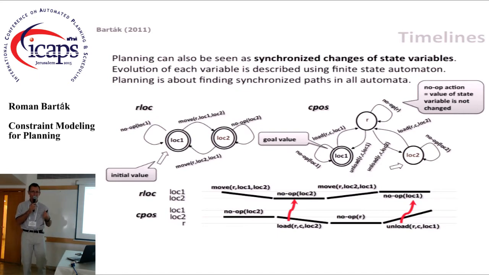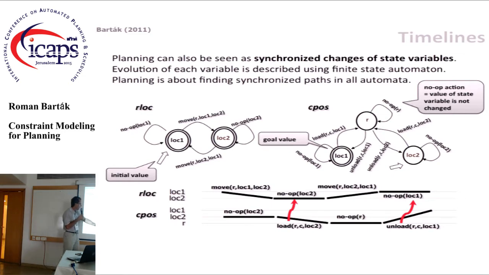It must be at location 2. So in the automaton for the location of the robot, I should be using the no-op location 2 action. The robot is at location 2 and it will stay at location 2. It's like a prevailing transition. I mean, it will stay at the same value, right? So these red arcs are describing these synchronizations between the constraints.